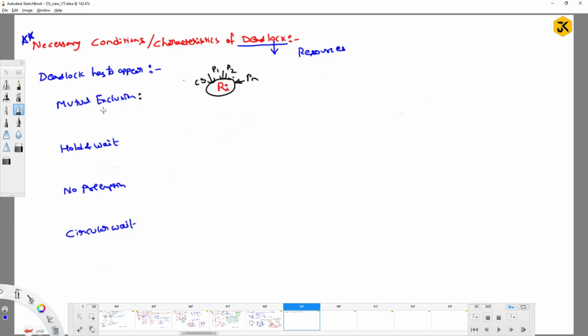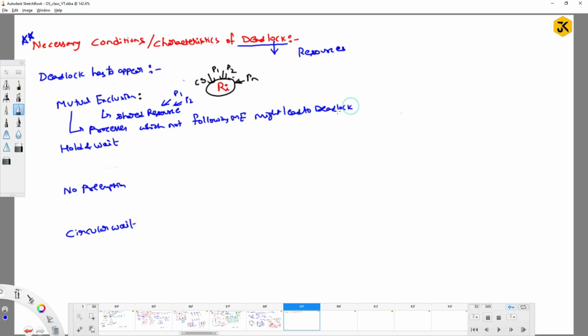But if there is a shared resource that is used by many processes at the same time, there is a chance of deadlock, right? Which means processes not following mutual exclusion might lead to deadlock.